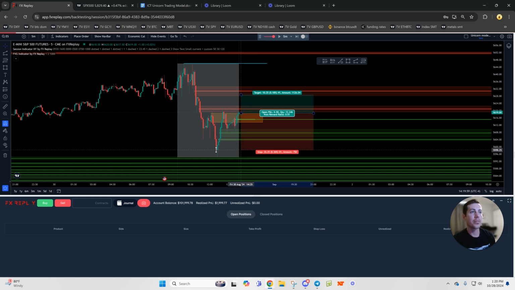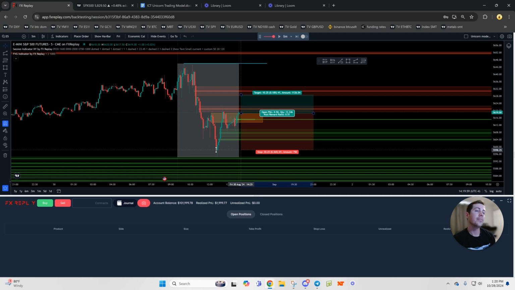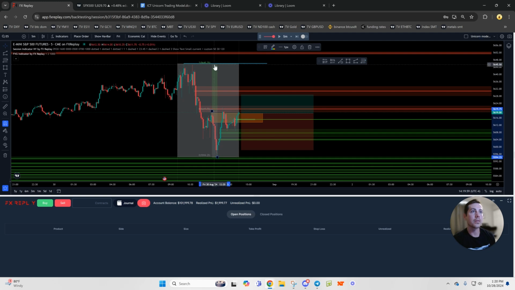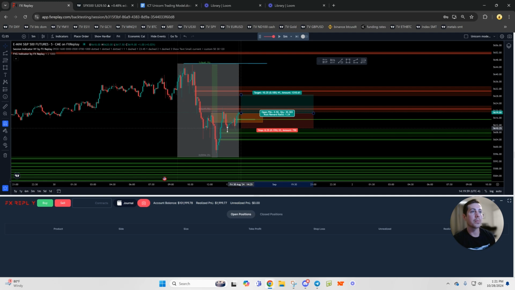Let's see, that is a pretty broad stop loss for this one. So let's see what our manipulation projection shows us. We still got the 2 is before the draw on liquidity, but in practice, since we have formed higher lows here, I'm going to use the body of this recent low instead of all the way down here at this manipulation leg.